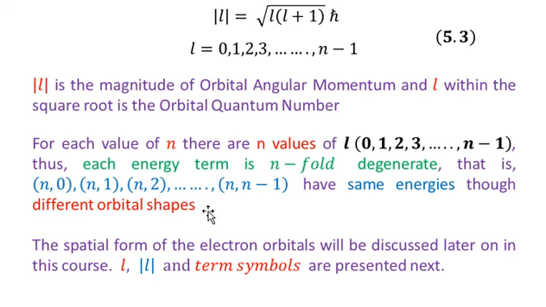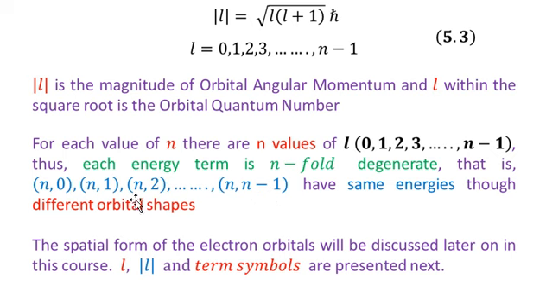These would be the values having the same energies, though with different orbital shapes. When some levels have the same energies, we call such levels degenerate levels. These n levels start from 0 for the orbital quantum number L, and the last value of L is n minus 1. The first index in each parenthesis represents the principal quantum number, whereas the second represents the orbital quantum number going from 0 to the last value of n minus 1.